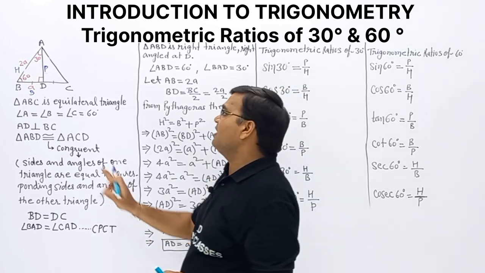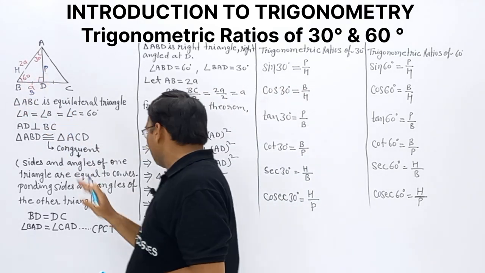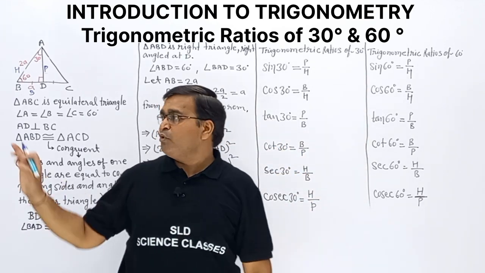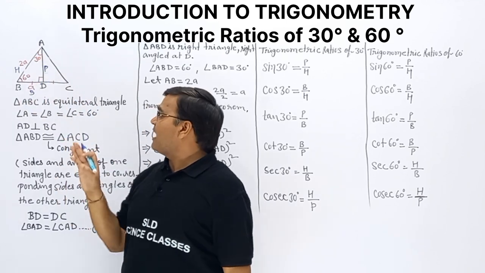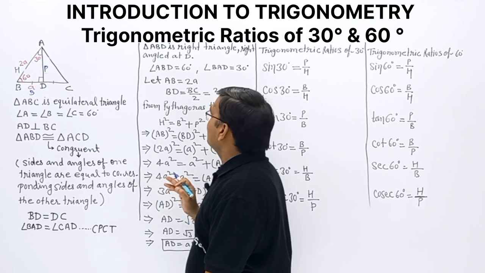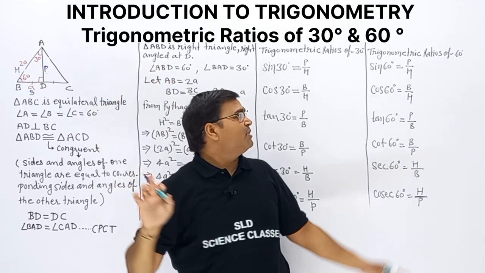For the 60 degree acute angle, for the acute angle B, we are getting this one as the perpendicular. Now trigonometry ratios of 60 degree. For this triangle, we will use the triangle ABD. Clear? So what will be the ratios?